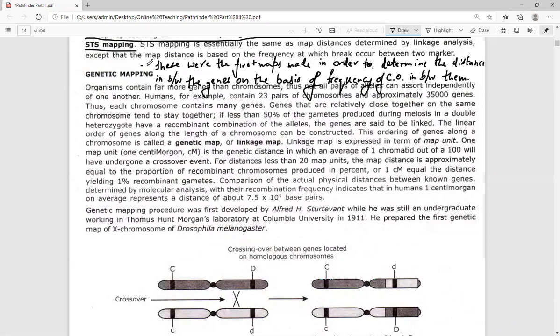So the frequency of crossing over can be calculated, and then it can be used in the form of a genetic map.